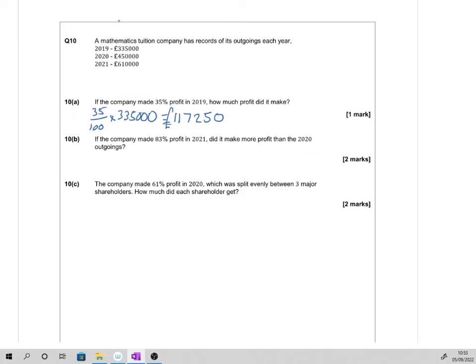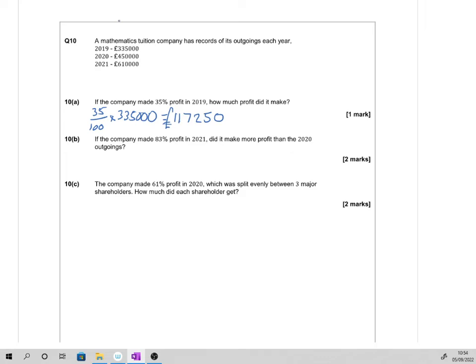If the company made 83% profit in 2021, did it make more profit than the 2020 outgoings?